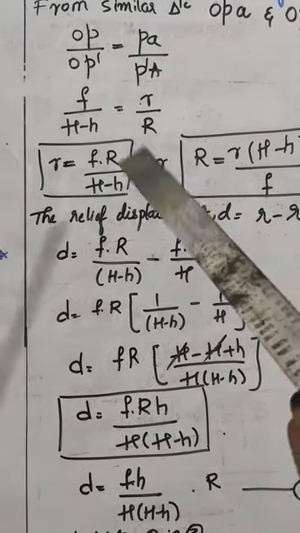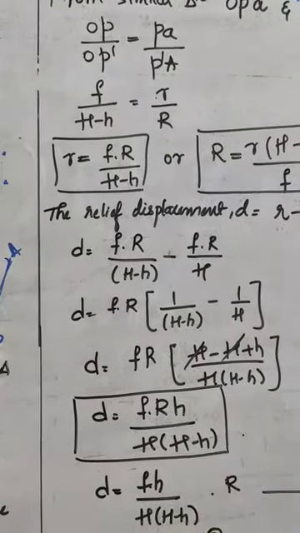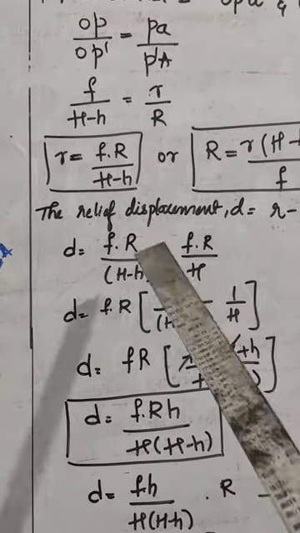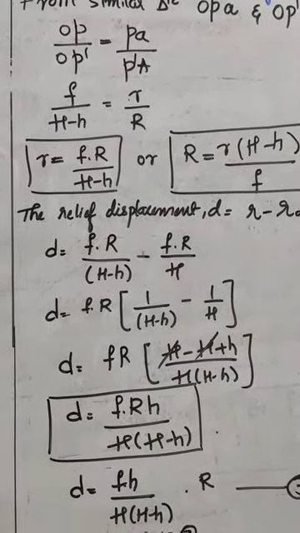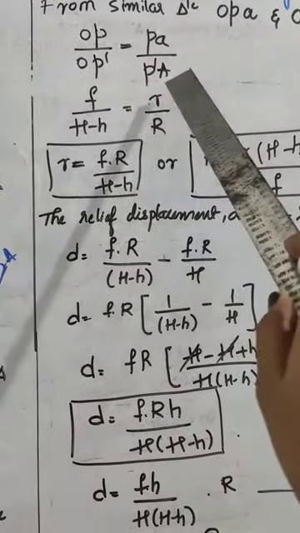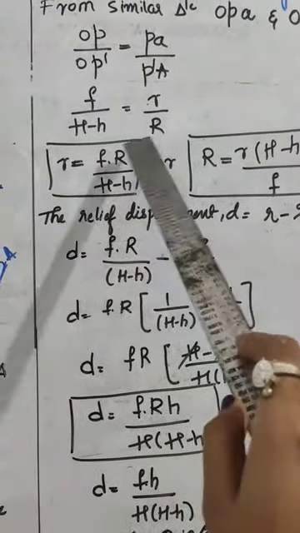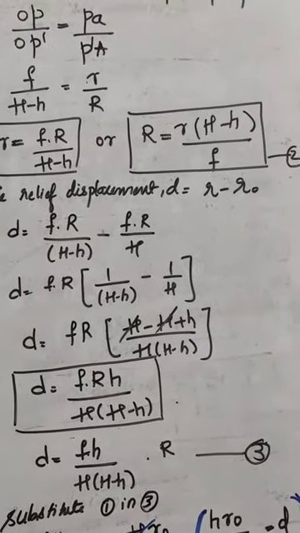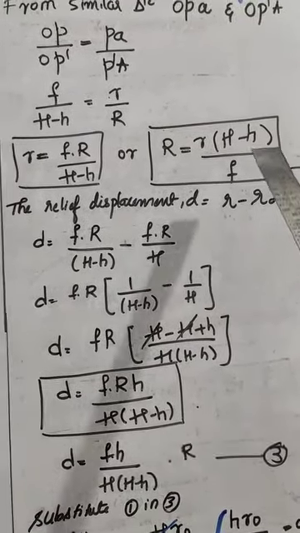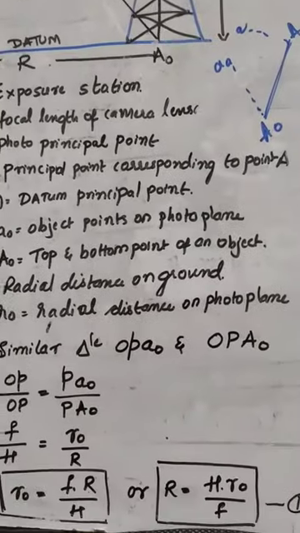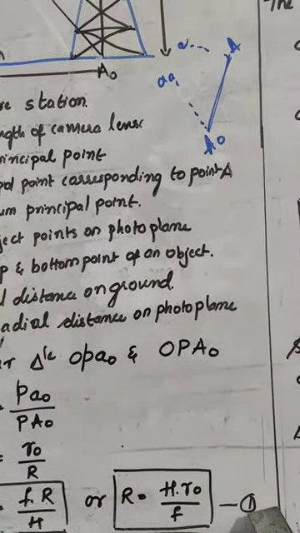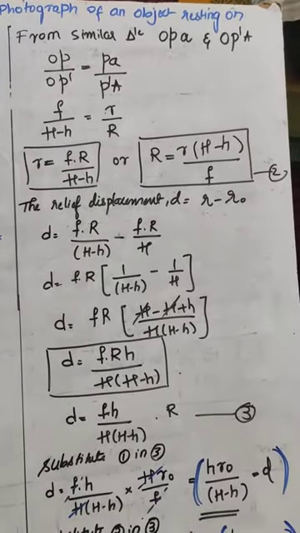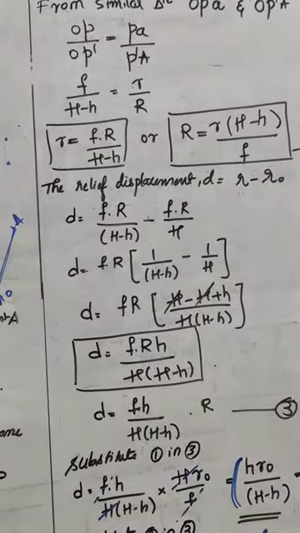Okay, so finally here also, once we take the equation for small r, then we write the equation for capital R. If you take small r to this side, it becomes F R divided by H minus h. In the similar way, if you write it for capital R, this is the equation you obtain. We take the previous capital R equation as equation 1, and the one from the similar angle triangle we apply next as equation 2.